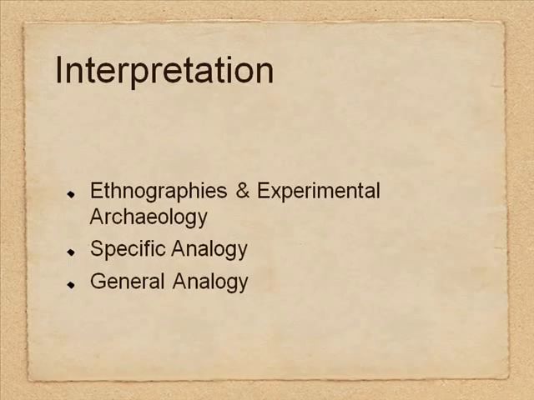But if I don't have that, then I could go and use models developed from hunters and gatherers in Africa, or pastoralists in Africa, or horticulturalists in Africa. Specific analogy is always best. General analogy is more often than not what we have to use.